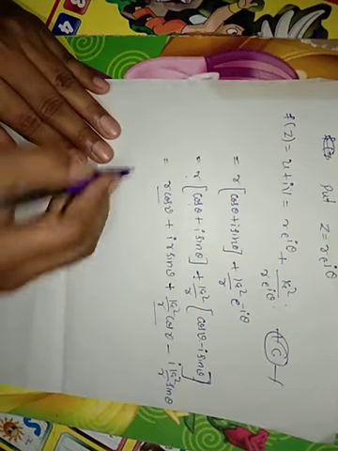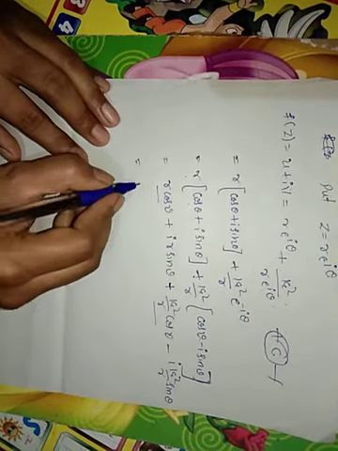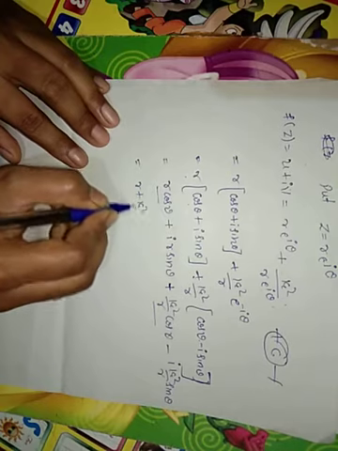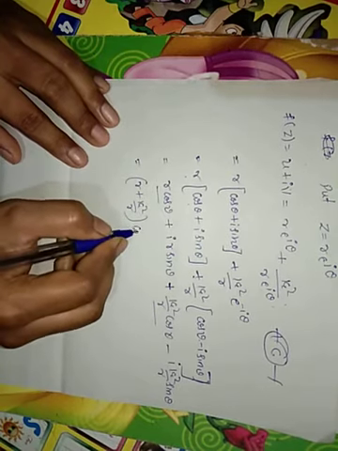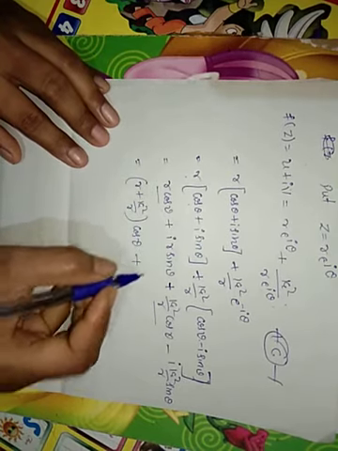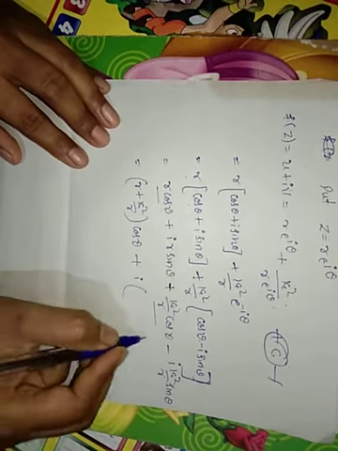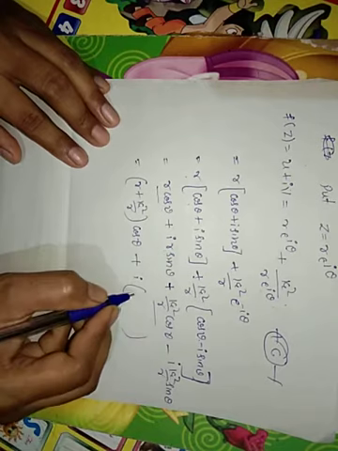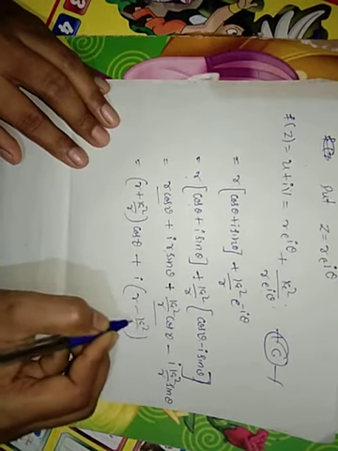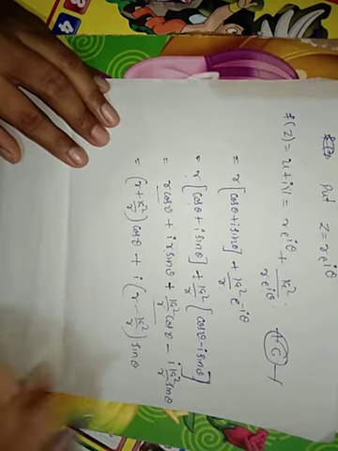So these two are the real part. In both, cos theta is common: (r plus k square by r) cos theta. In these two, i is common and sin theta is common. Remaining is (r minus k square by r) sin theta.